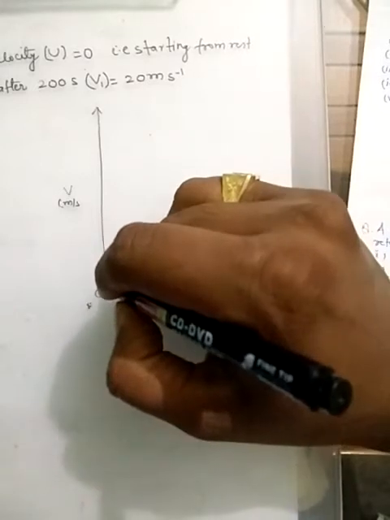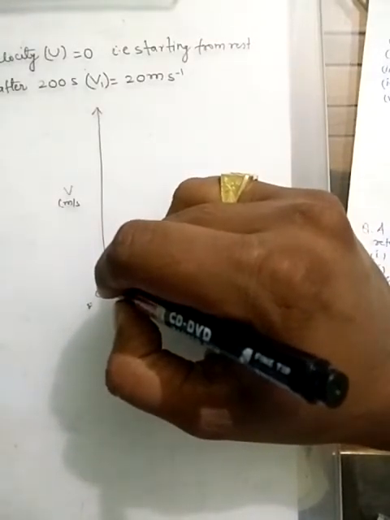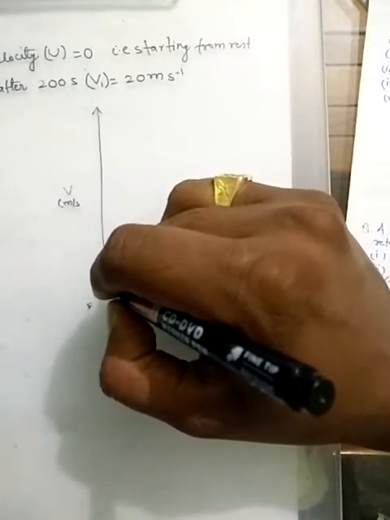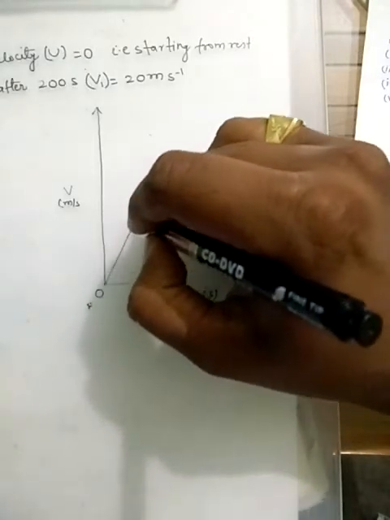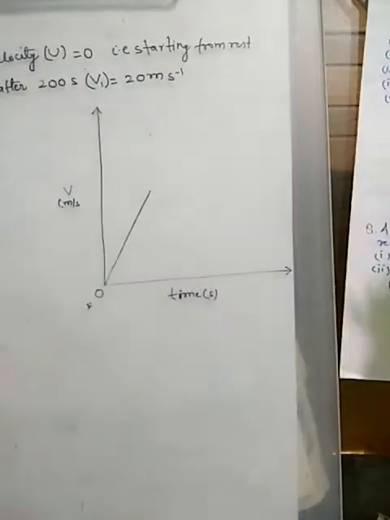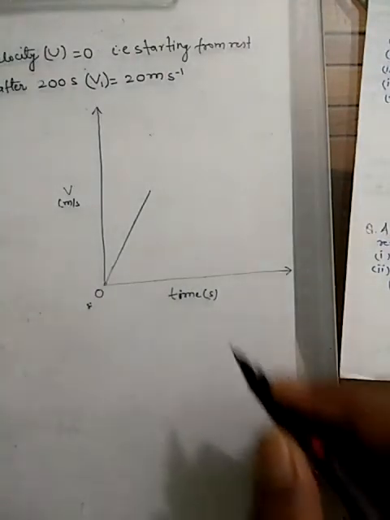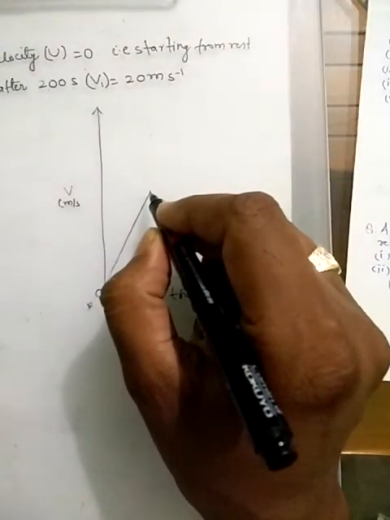That is, there is an acceleration, and we know that acceleration represents the slope of the velocity time graph, so the velocity increases like this and reaches 20 meter per second in 200 seconds.